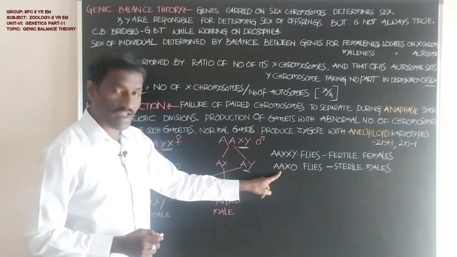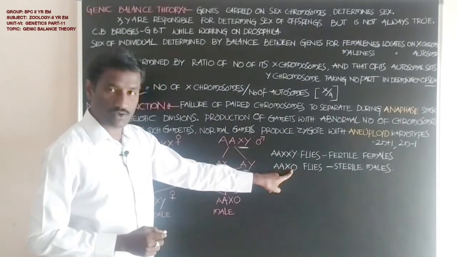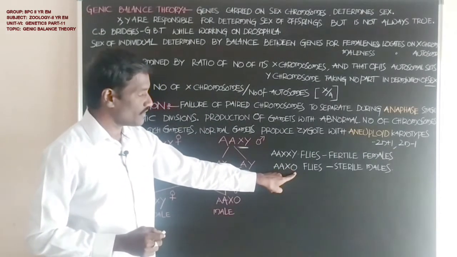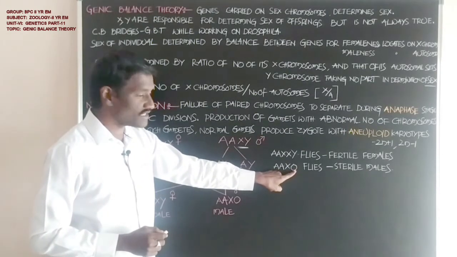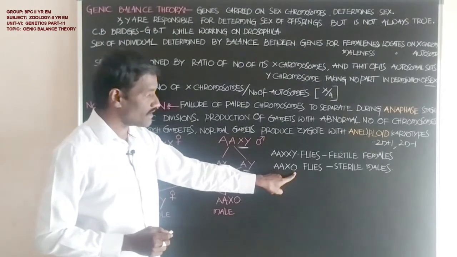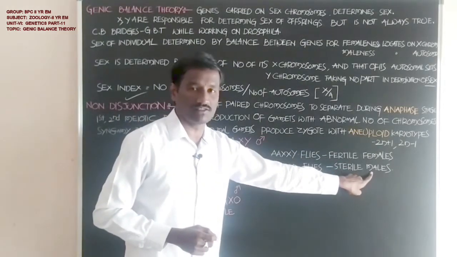If you observe the AAX0 karyotype, it is with the absence of the Y chromosome, but it develops into sterile males.